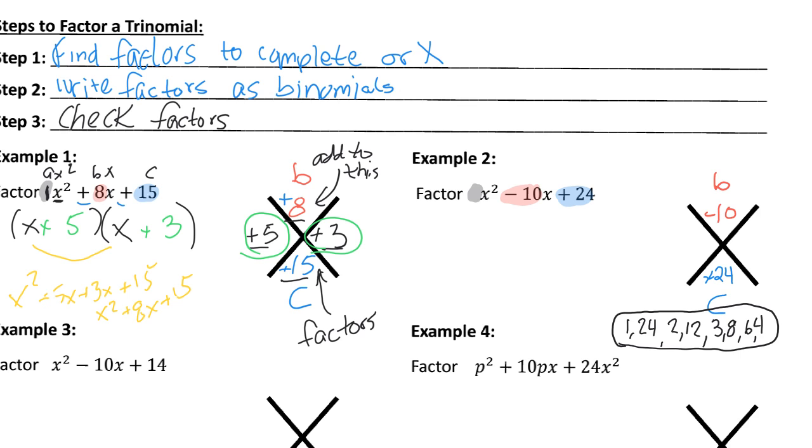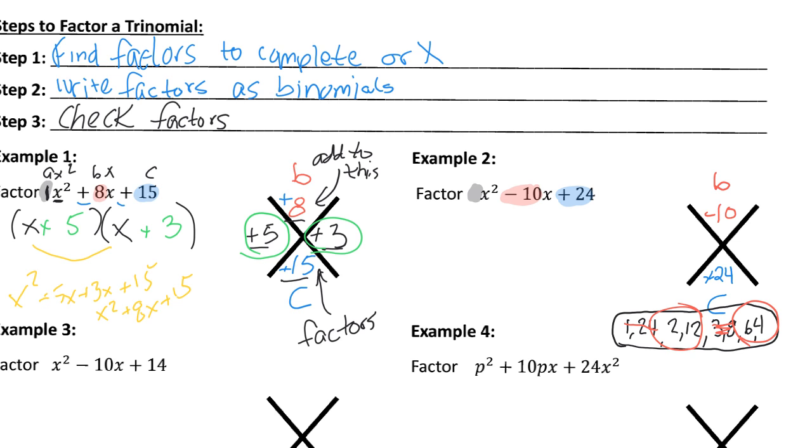Well, I know 1 and 24 don't work, because that could either get me 25 or 23. 2 and 12 could work. Maybe it could work. So that's a possibility, so I'm going to keep that as a possibility. 8 and 3 could either give me 5 or 11. So those don't work. And 6 and 4 is a possibility. So now I have to narrow it down between 6 and 4 and 12 and 2.